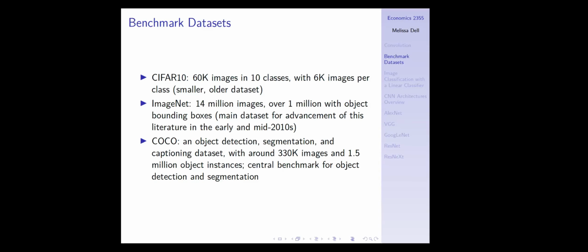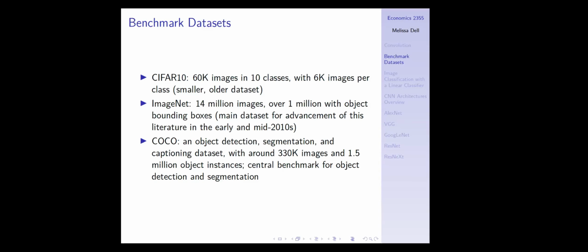And this is the main data set for the advancement of this literature through the mid 2010s. The architectures that we're going to see today, which are the ones that have dominated the field, are all ImageNet winners. And every year ImageNet has a contest with different benchmarks, and you see who does the best.